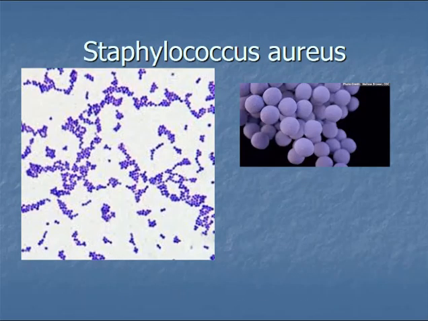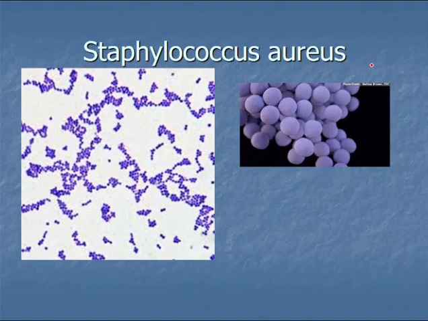Oops, I'm sorry, I went past one. This is a little bit bigger, a little bit better magnification with a standard microscope here on the left. And so you can see the Staphylococcus aureus here, which is one form of Staphylococcus. And they are in those clusters and spheres.